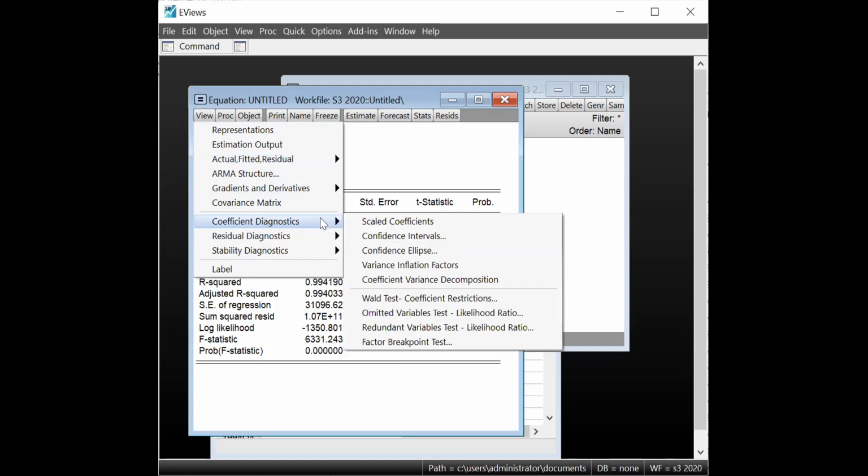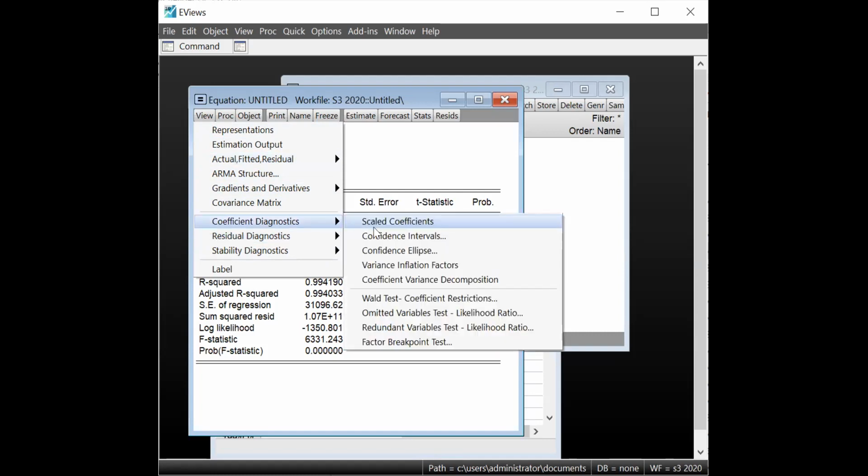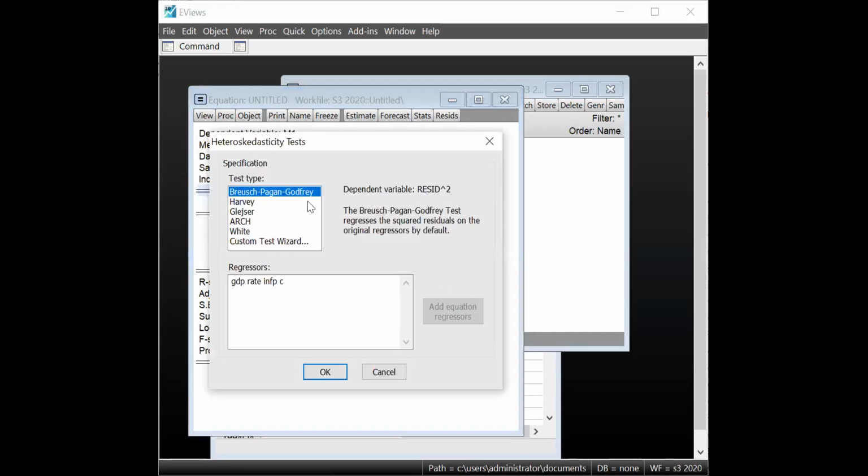Okay, we have to calculate heteroskedasticity. This is a simple one.